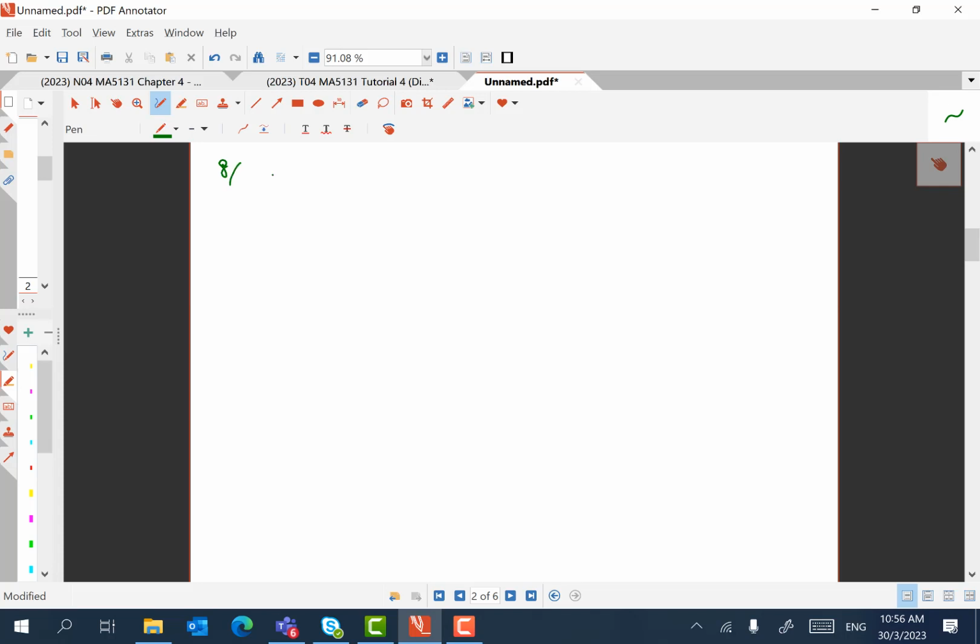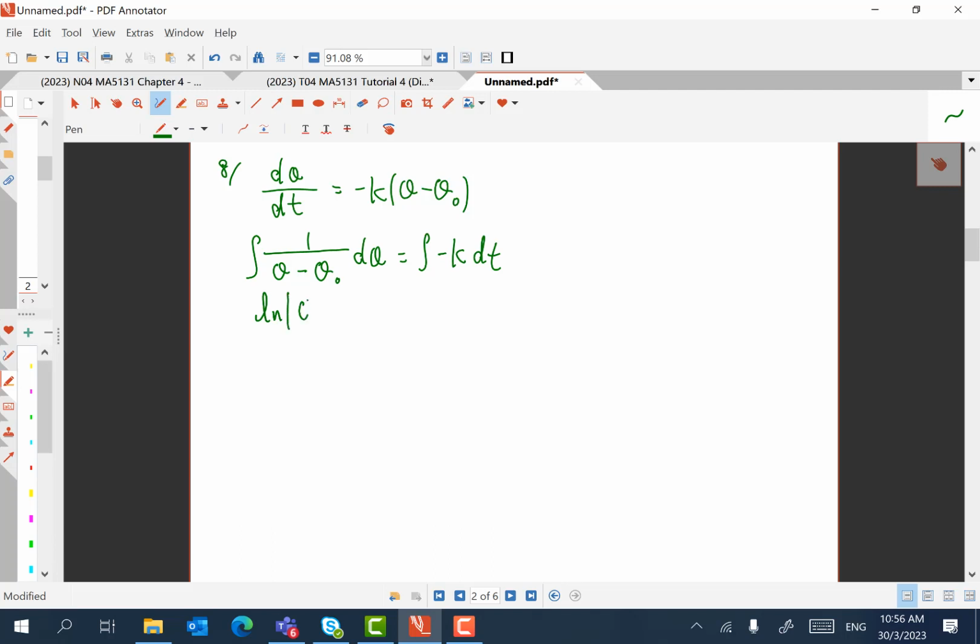Number 8, d theta dt is equal to minus k (theta minus theta naught), so d theta over (theta minus theta naught), and this gives you ln of theta minus theta naught.